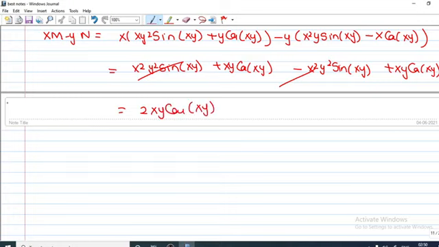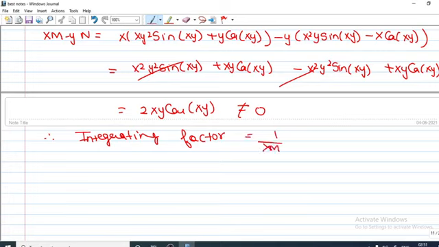So we are getting this, therefore integrating factor, which is not equal to 0, equals 1 upon xM minus yN, which is 1 upon 2xy cos xy.